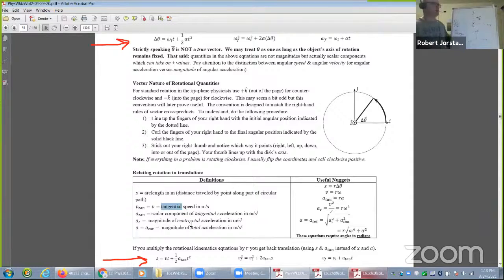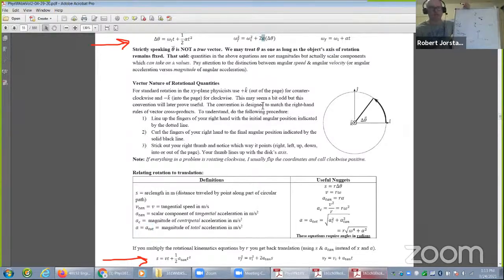And so it becomes very crucial we read problems carefully. Are they asking you for speed, or are they asking you for angular speed? What about acceleration? Are they talking about centripetal acceleration, tangential acceleration, total acceleration, or angular acceleration?